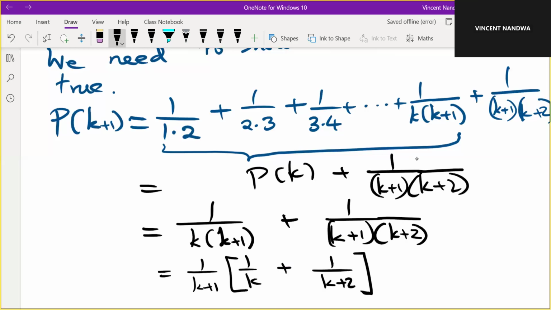Are you able to see that it is the same thing as what you have? Because if you say 1 over k times 1 over k, 1 over k plus 1 times 1 over k is the same as what we have here. It is like I give you 1 over 2 times 3, which can be written as 1 over 2 times 1 over 3. So, yes?